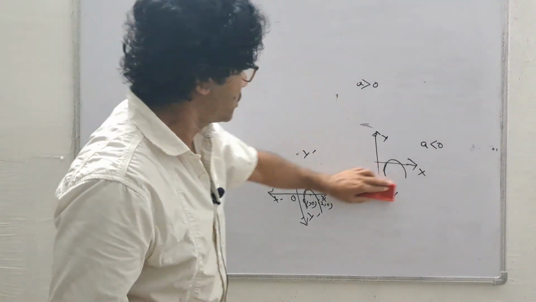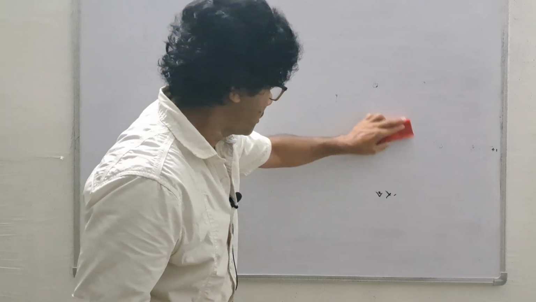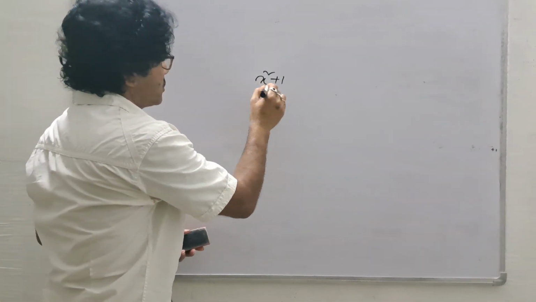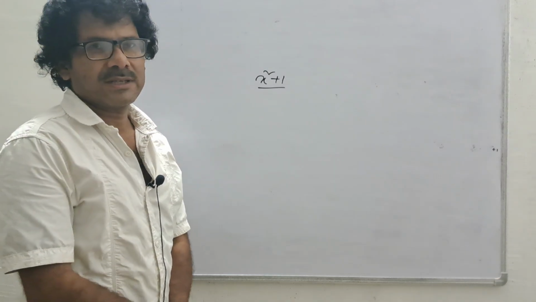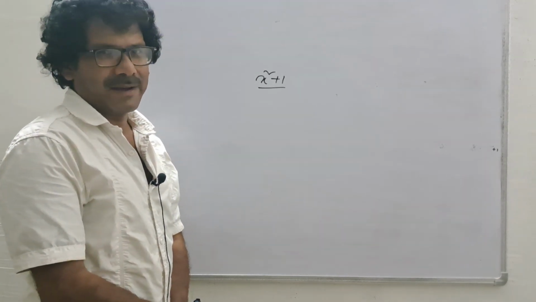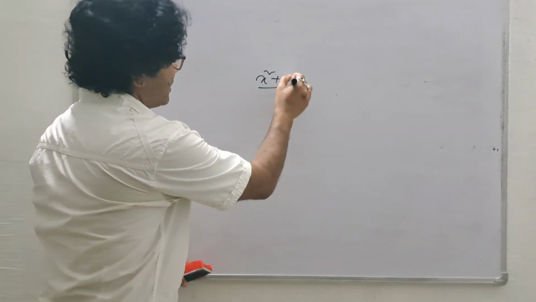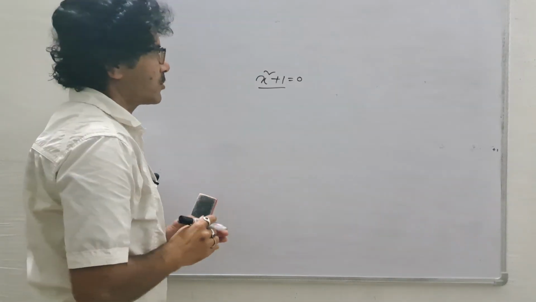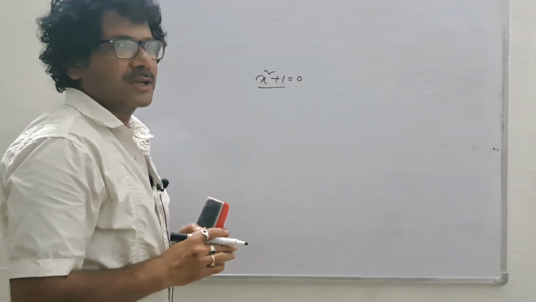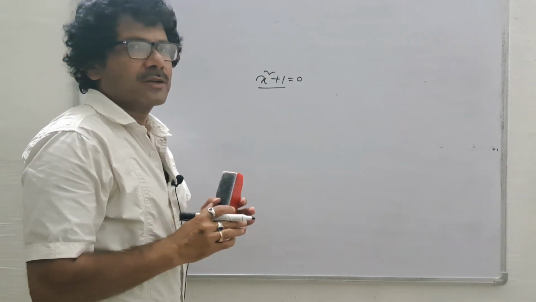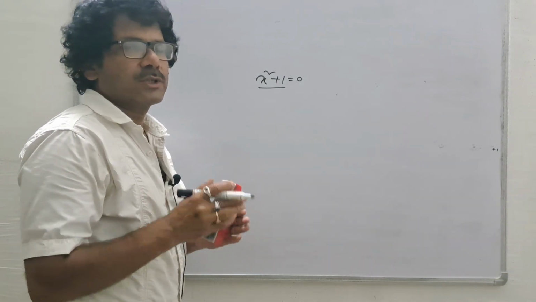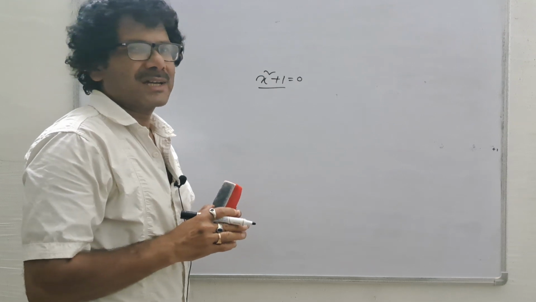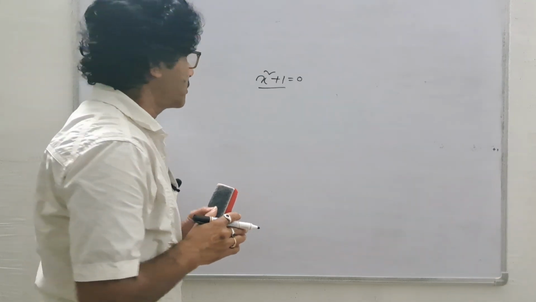Now one more thing you will see. How many zeros will this polynomial have? To get the zeros, in the previous lecture I showed you how to find the zeros. To know how to find zeros, see my previous video, polynomial class 10 part 1.